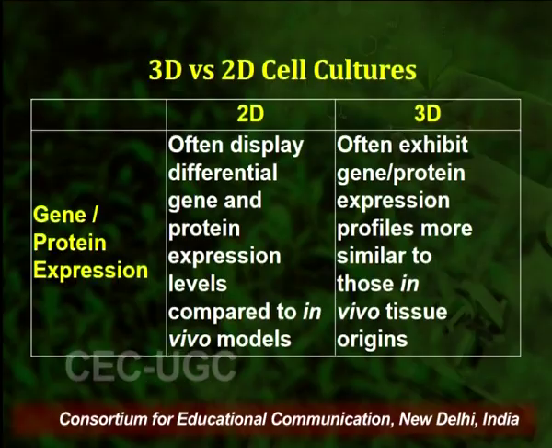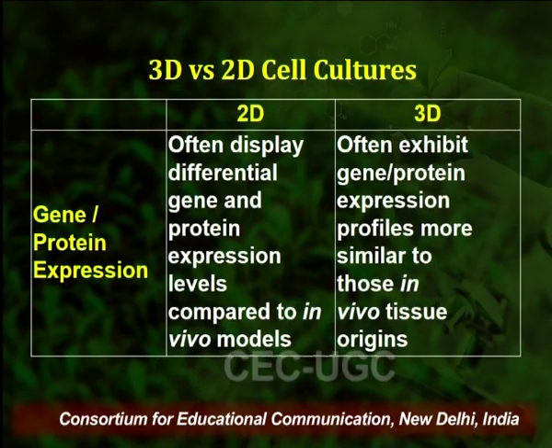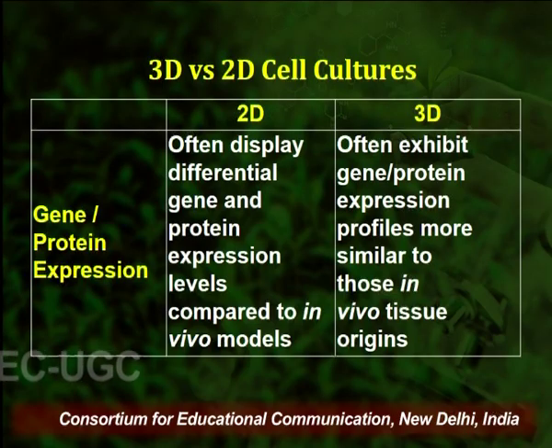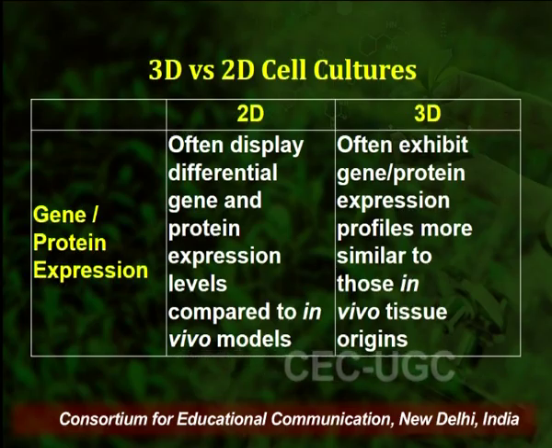Now, if we talk about the difference in terms of gene expression or protein expression, then it has been observed that cells under 2-dimensional cultures often display differential gene and protein expression levels in comparison to the in vivo models.